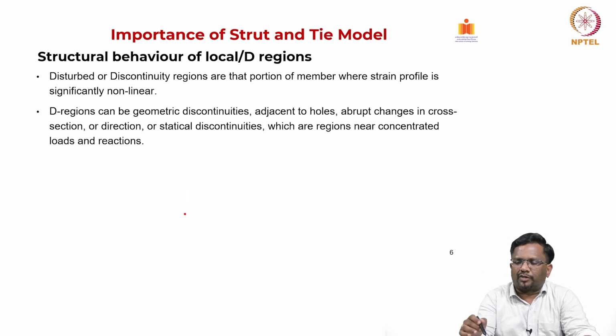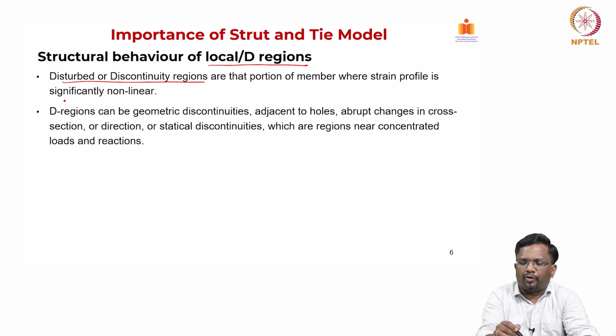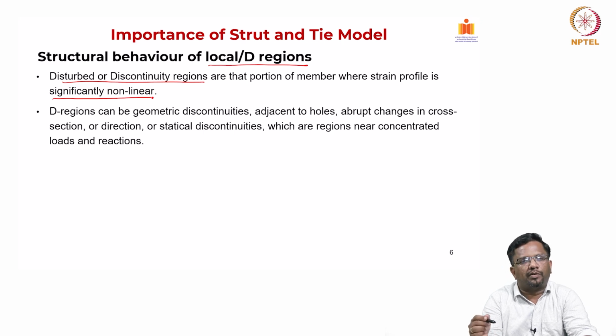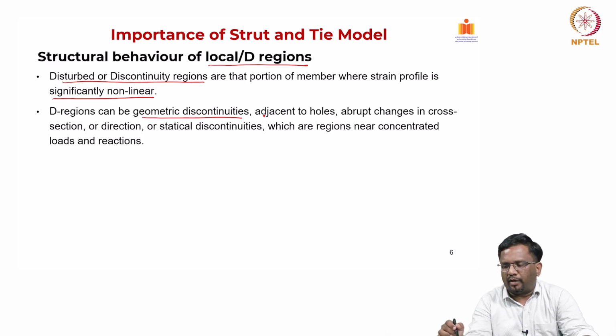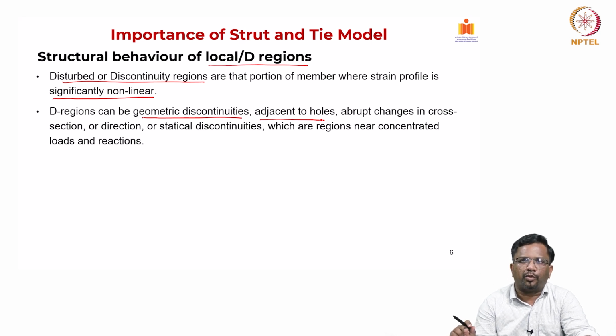Now, what is the structural behavior of local or D regions? D regions, as I have told you, are called disturbed or discontinuity regions, and these are the portions of the member where the strain profile is significantly non-linear. D regions can occur at locations where there is a geometric discontinuity. They can form close to openings or holes in a beam; typically, openings are created to facilitate mechanical, electrical and plumbing provisions.